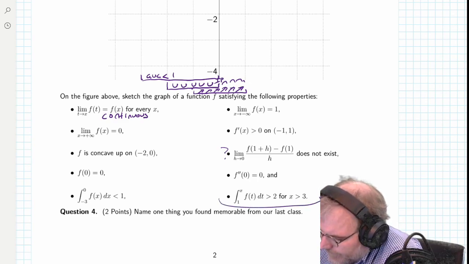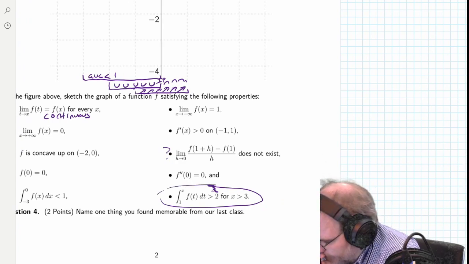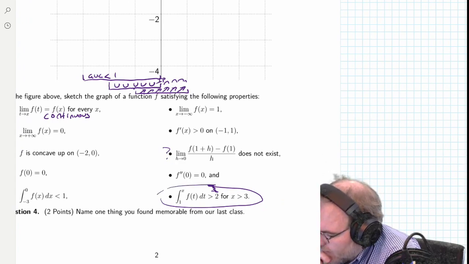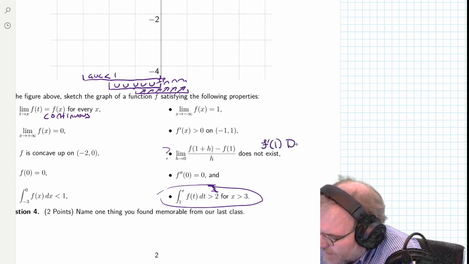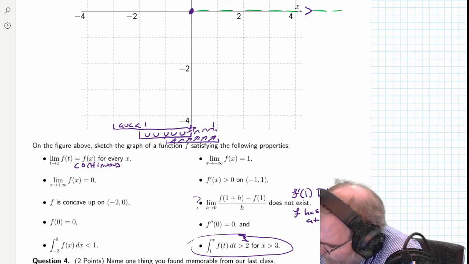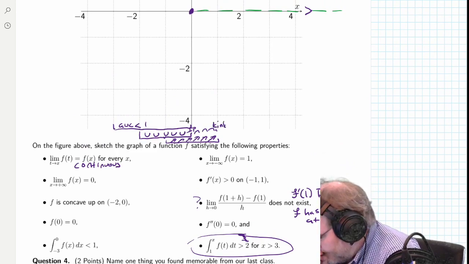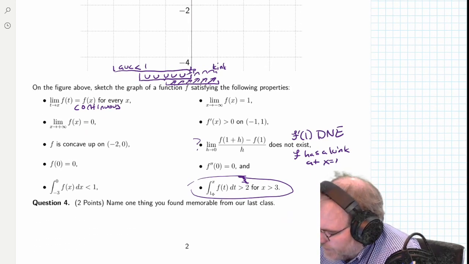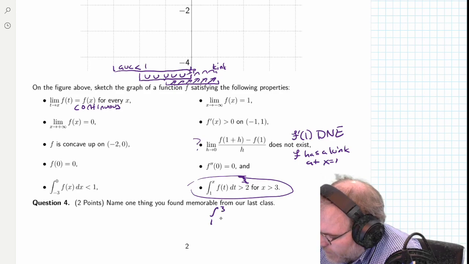And then I've got this thing. This one's genuinely hard. All right. This says f prime of 1 does not exist. That means f has a kink at x equals 1. Because I'm continuous, that means f has to have a kink right there. Okay, this is really two conditions. This is saying that the integral from 1 to 3 of f of t dt is greater than 2.